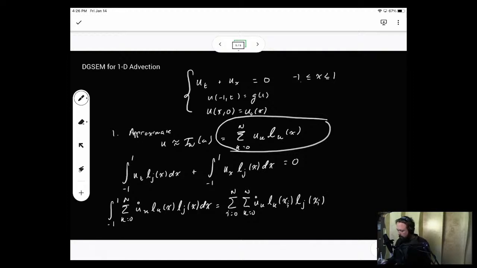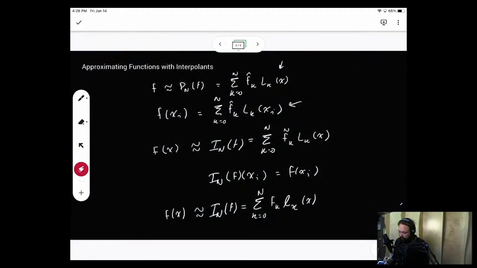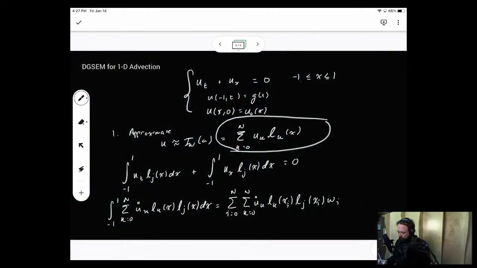Lj xi. And now we have omega i. Now remember before, those Lagrange interpolating polynomials satisfy this criteria. In other words, the interpolant matches the function at the interpolation knots, and what that allows us to do is this becomes the Kronecker delta, delta ki.